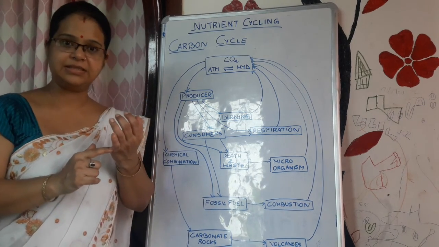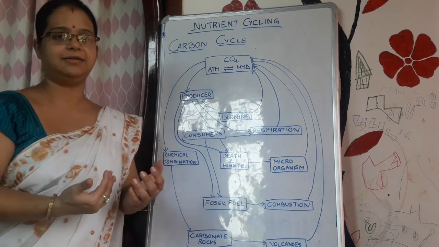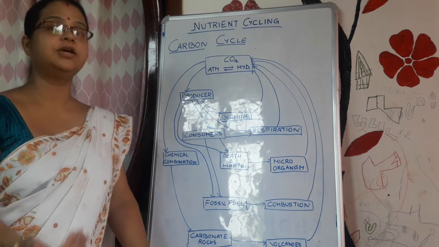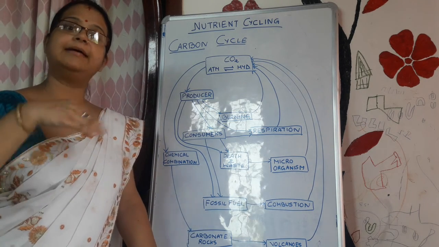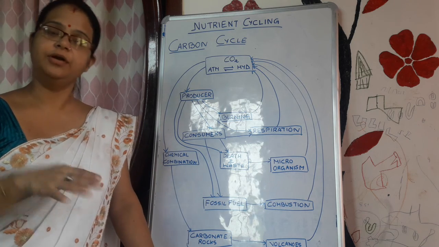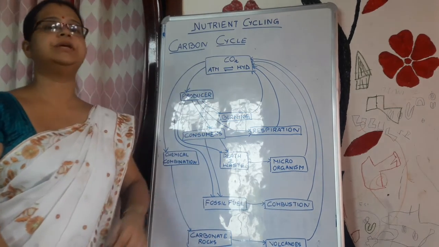Living organisms, soil and environment all interact with the substances present in the earth, take them and again return them, so that they are not wasted away or finished up. That phenomenon is called nutrient cycling.